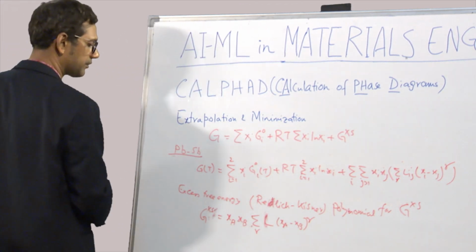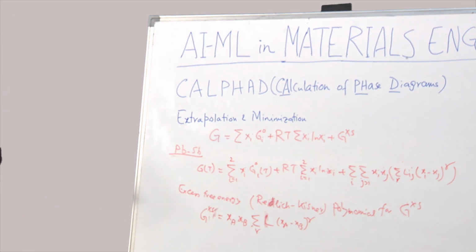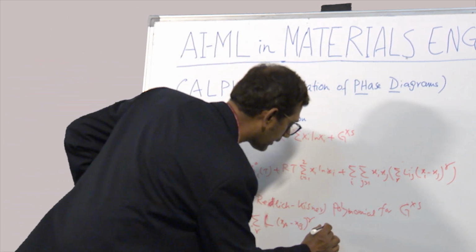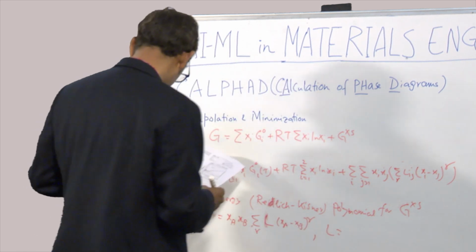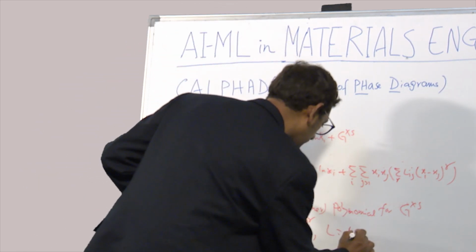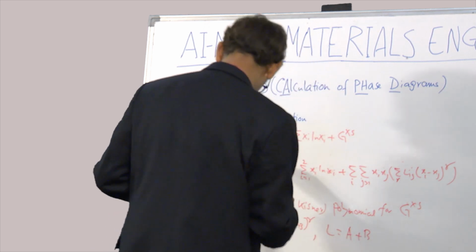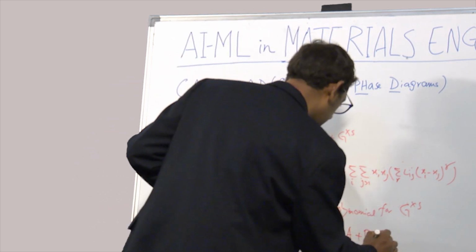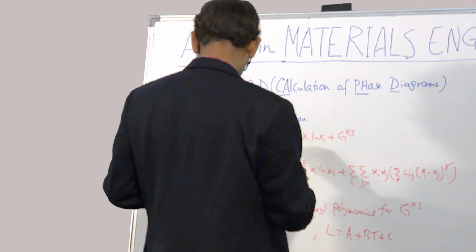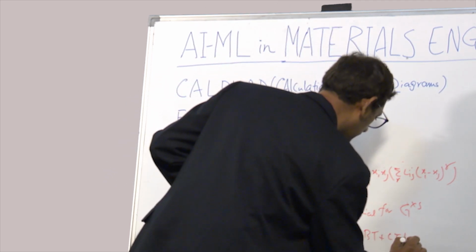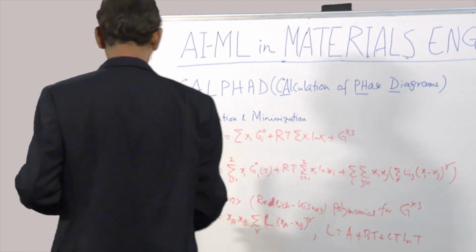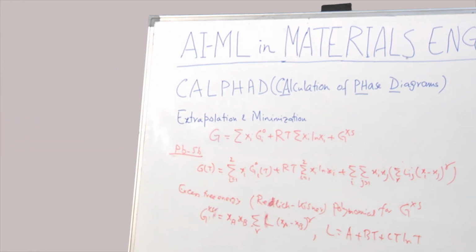That is what is used. So, this is the excess free energy for the system, and L is given by another polynomial, which I think is written as A plus B T plus C T log T. That is a function of temperature.